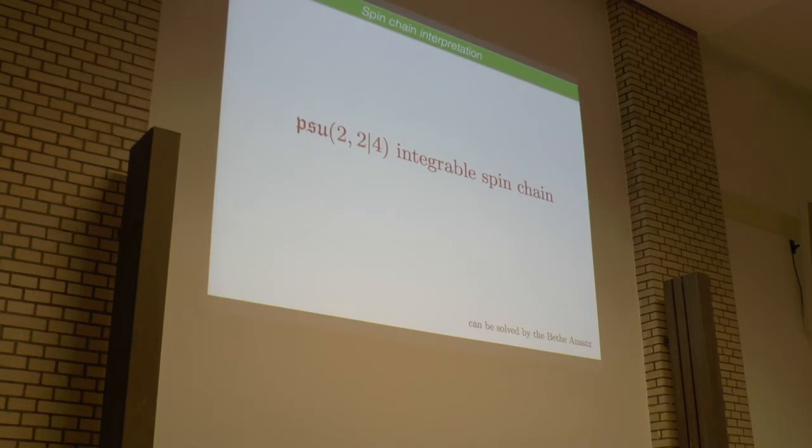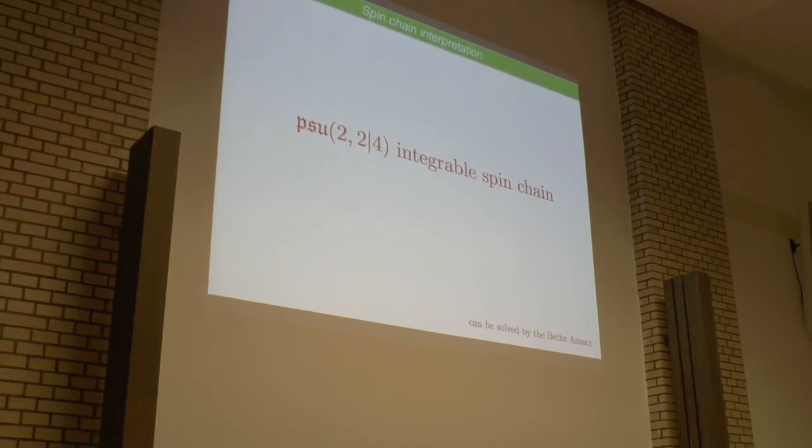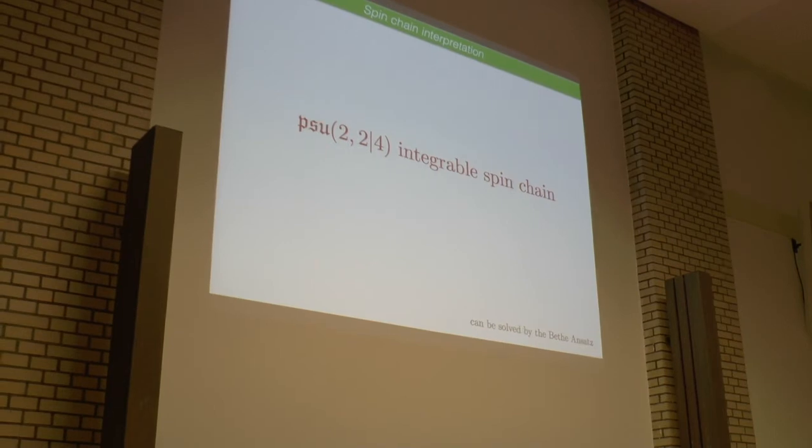Good. Now, what is important? Even if you don't restrict your attention to a particular sector, and consider the whole family of all possible gauge invariant operators you can write down, the statement is that you can treat this set of operators as excitations of the so-called PSU(2,2|4) integrable spin chain.